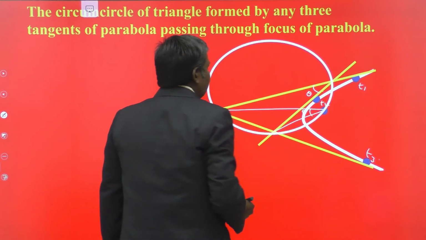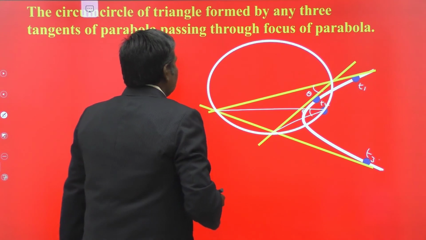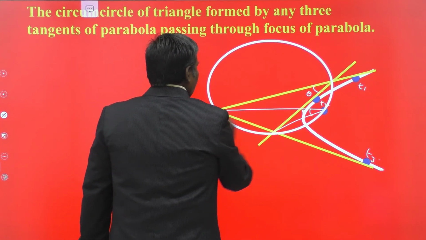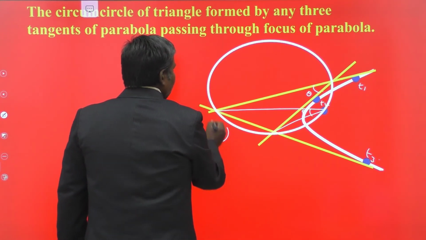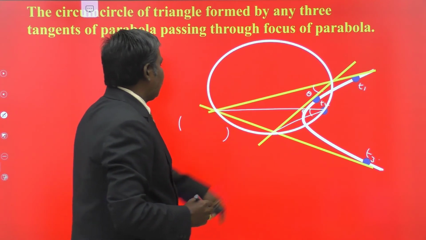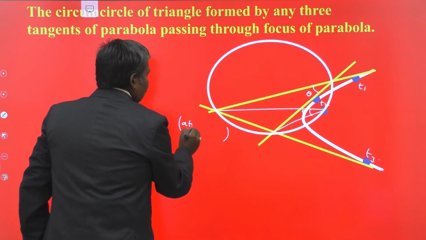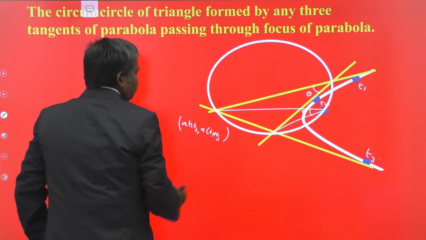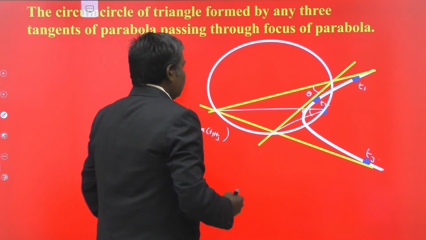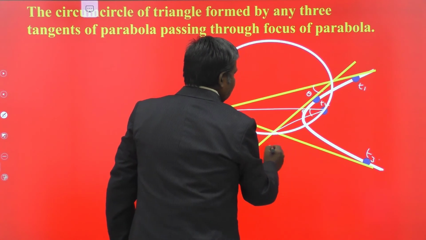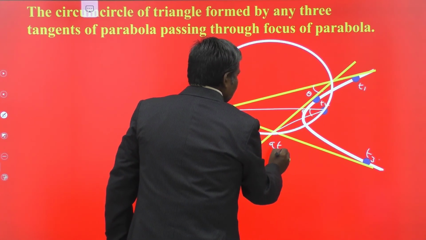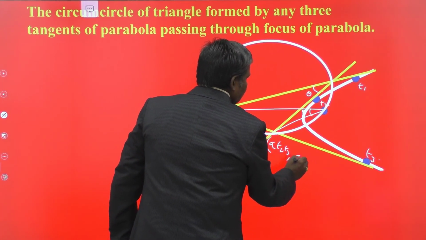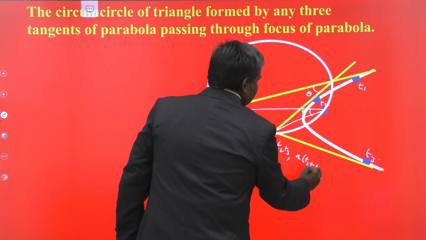You are going to show that this is also theta. So what is this point? This is the point of intersection of tangents at T1 and T3. That is A T1 T3 comma A into T1 plus T3. And what is this point? This is the point of intersection of these two tangents, A T2 T3 comma A into T2 plus T3.